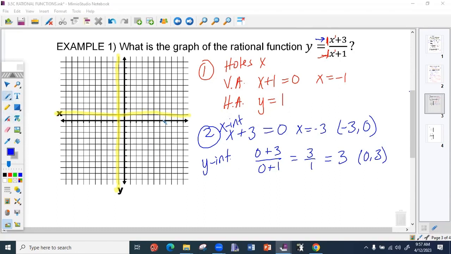We have our x-intercept at -3, and we have our y-intercept at 0, 3. So step 3 is to graph what you already have. Check.